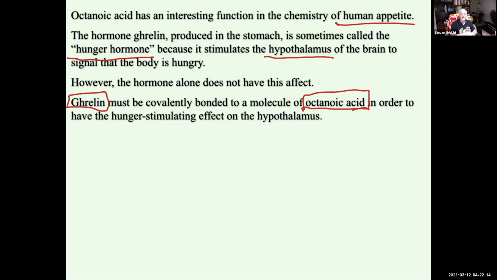So if you cut out products in the diet that contain octanoic acid, you are effectively going to reduce the hunger hormone, and they're not going to keep eating as much. If you eat foods high in octanoic acid, guess what's going to happen? You can figure this out, right? Octanoic acid is going to bond to the ghrelin, and you're going to say, "Oh, I am hungry." You'll see that all the time in your own experience. Have you ever just eaten something, and all of a sudden you go, "You know, I just had lunch, but I'm really hungry"? It depends how much octanoic acid is in there bonding to this ghrelin that's produced.